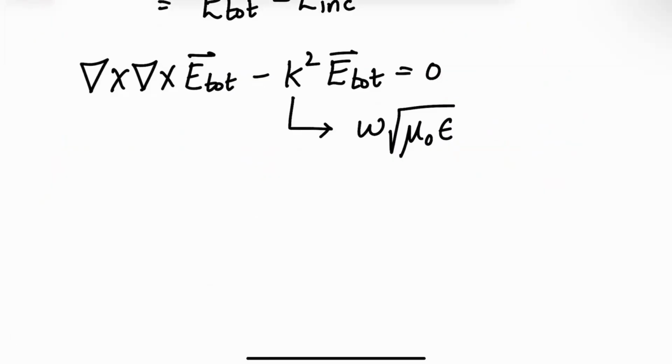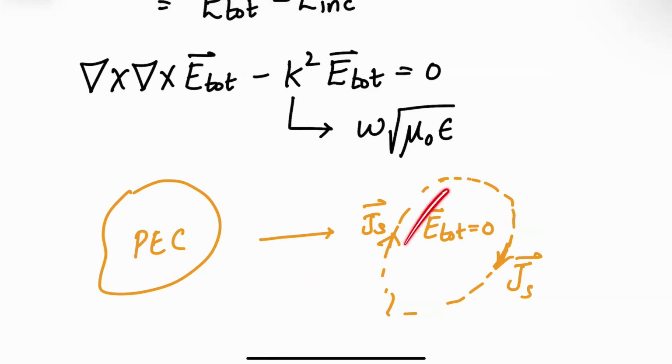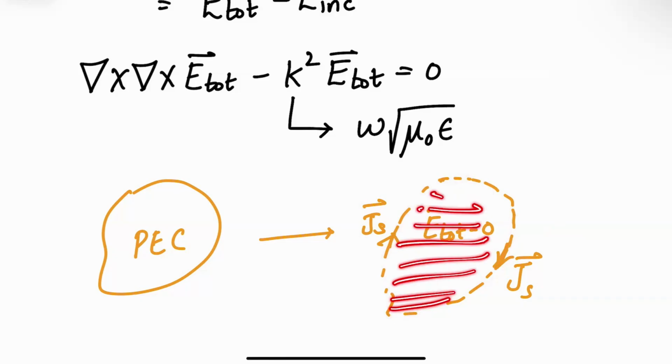I can also mention that if I have a metal instead of a dielectric, then you can replace the metal with just the surface currents, Js, that are induced everywhere on the surface. That produces a scattered field which cancels the incident field inside. So in this case, you had an incident field come in, and now the field scattered by the surface currents alone cancels completely the incident field inside.